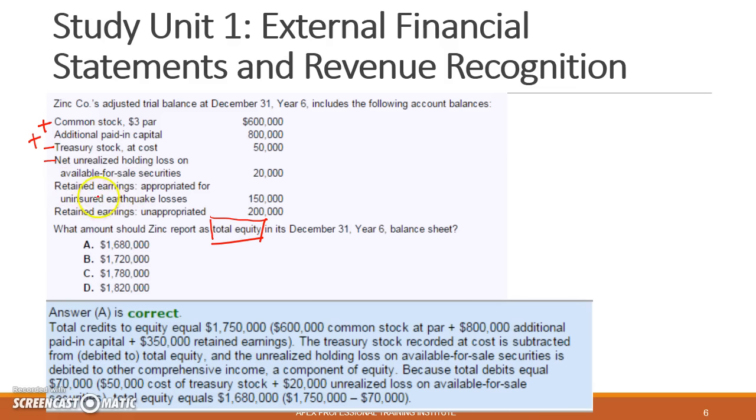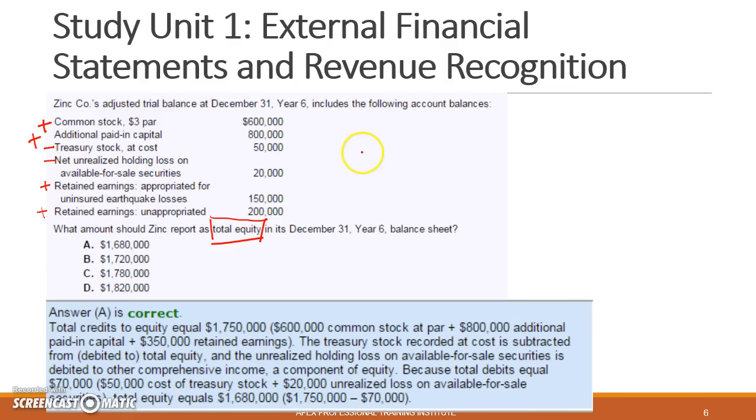If you remember my lecture, I clearly told you that retained earnings are always going to be added up into the equity account or equity portion of the balance sheet, right? So these are the things which will be added up, and these are the things which will be deducted from the equity account, right?